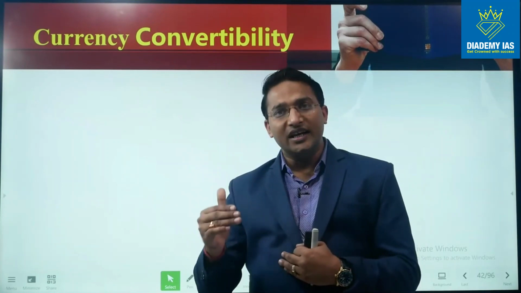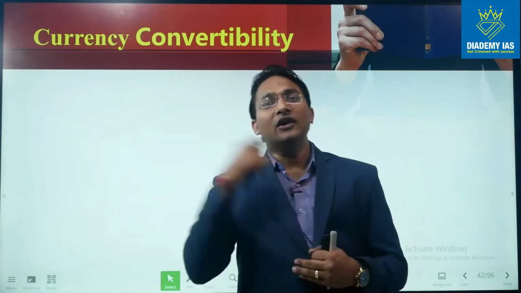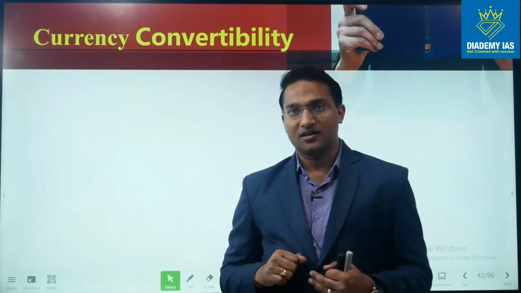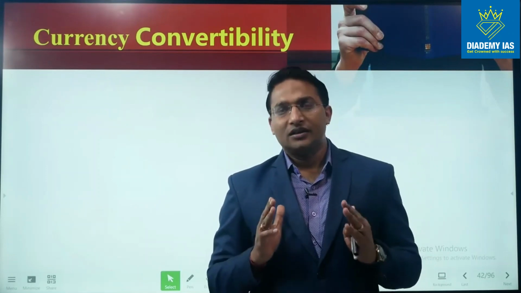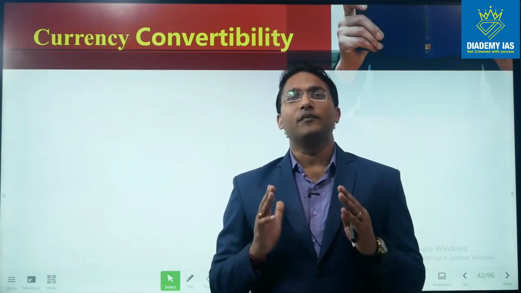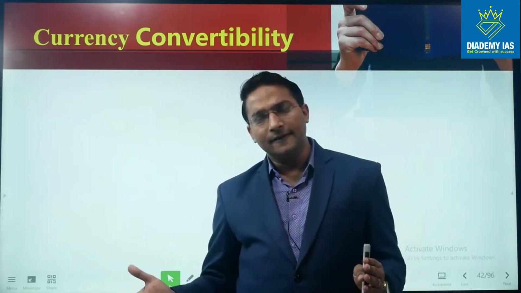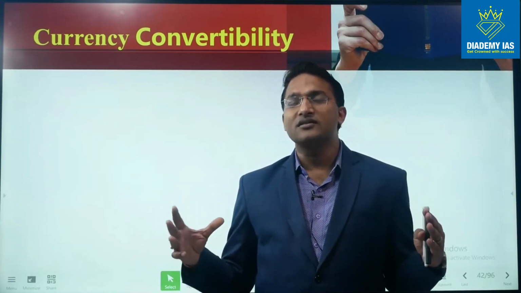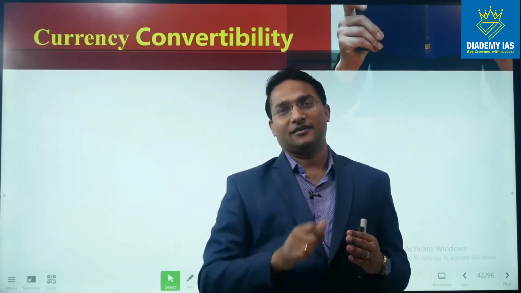So I should be easily and conveniently able to convert the domestic currency into the foreign currency, or the foreign currency into the domestic currency, both ways. Currency convertibility just means the convenience with which any resident or non-resident can convert the domestic currency into the foreign currency, or vice versa, and this exchange should be at the market determined exchange rate.